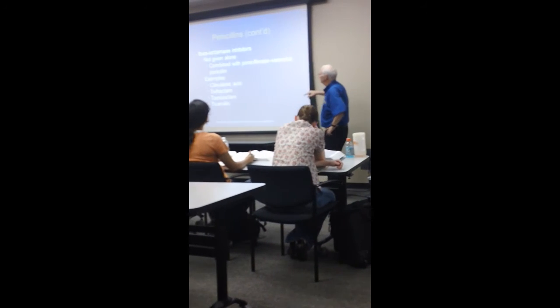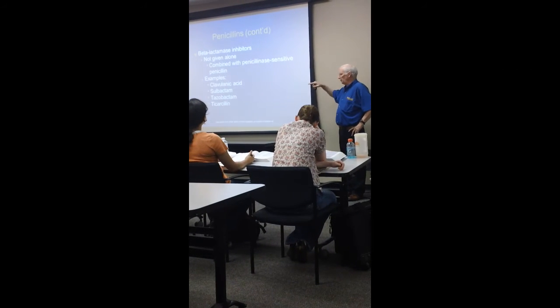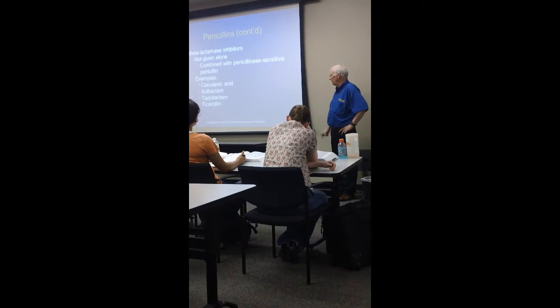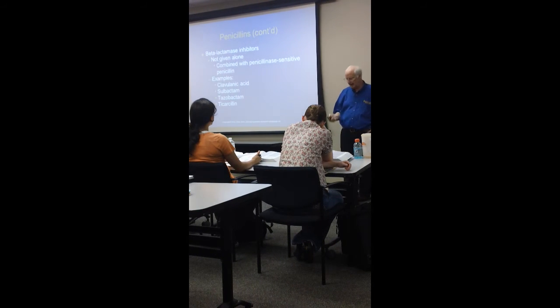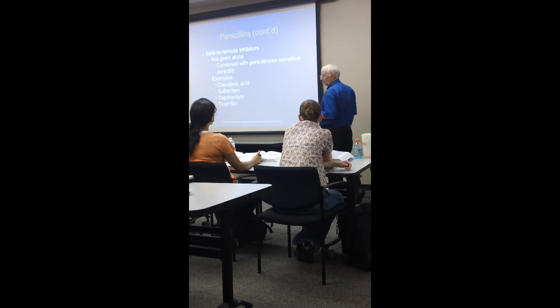Like we talked about before, we have combinations that we will give in order to be more effective. So we have one antibiotic added on to another antibiotic. Sometimes they're two given together, or they've already been combined, and then one medication.